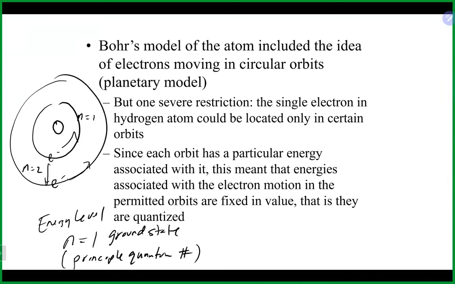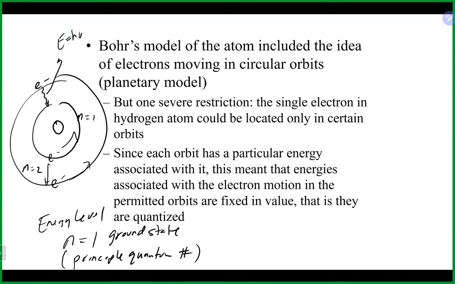And electrons are fixed in these orbits, and they can only move from one energy level to the next. So if we did have an electron out here on the second energy level, it would have to lose a certain amount of energy to make it all the way down to the next energy level below it. And that would be quantized energy, like that equation we just talked about: energy is equal to h times the frequency, or hc divided by the wavelength.